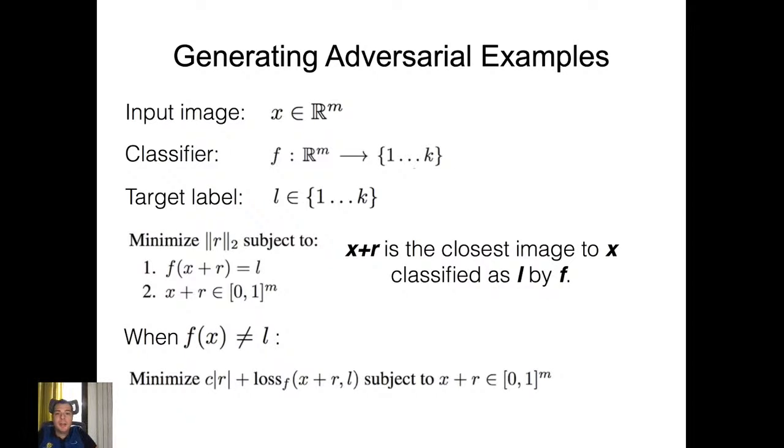So the idea of generating examples works something like this. So first, usually when you train the network, you do gradient descent to minimize the error of the network, right? So you have some loss.